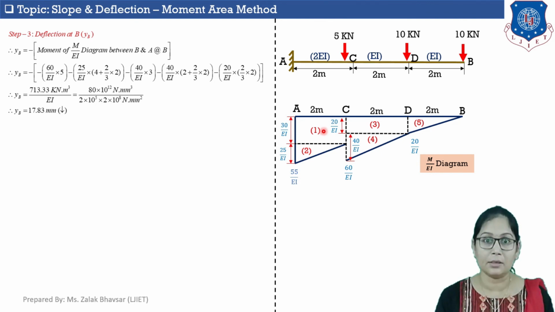So the total distance of CG of the first shape from point B is 4 plus 1, it is 5.